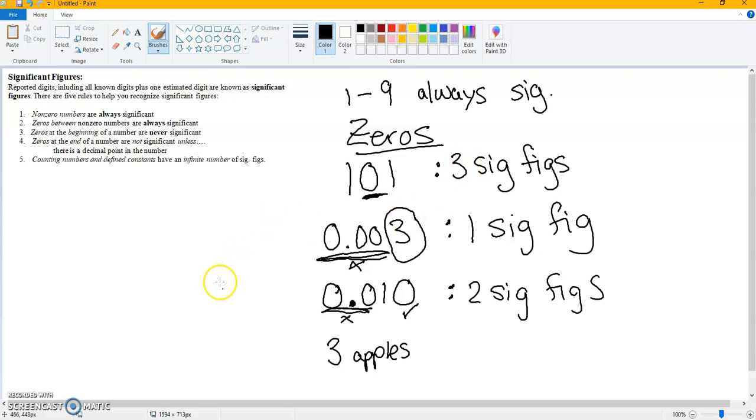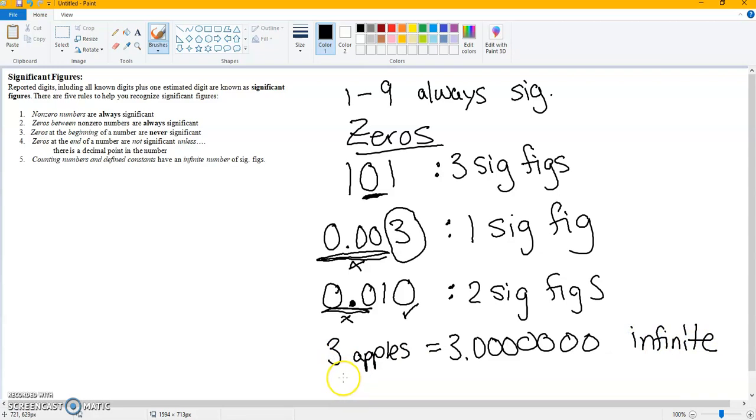So this guy, it's like you're writing 3.000000000 because you know that you have 3 actual apples, and the apples don't have to be measured to any significant places. They're already significant because you can't divide up that apple into smaller measurements unless you have like 1.5 apples or 2 apples or whatever.